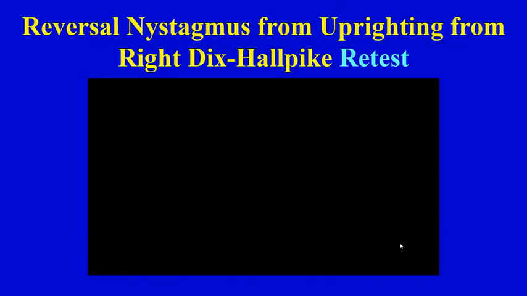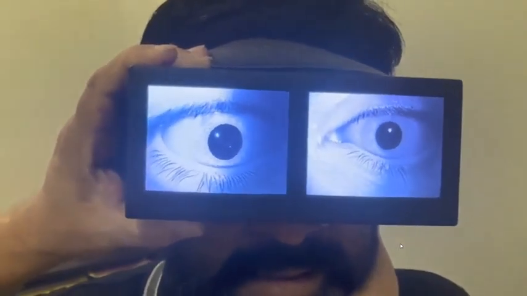Reversal nystagmus was also there on uprighting from the right Dix-Hallpike retest, and very clearly you see a right torsional upbeat reversal nystagmus.